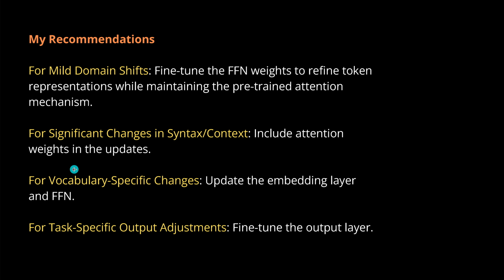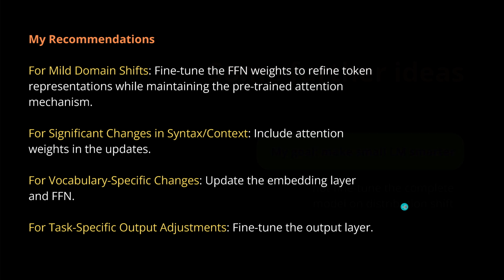If you have vocabulary-specific changes, if you have highly complex technical terms, or maybe Latin or Greek terms in medicine or whatever, don't forget, update the embedding layer and at least the feed-forward network. And if you have task-specific output adjustments, you have to fine-tune only the output layer because the reasoning process would not be sensitive to this particular output adjustment.